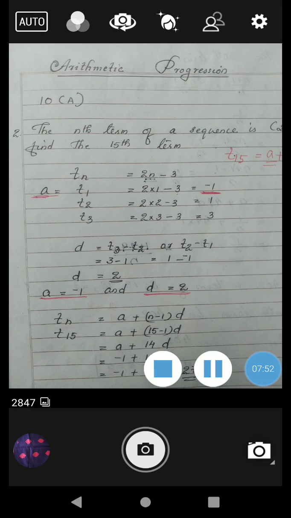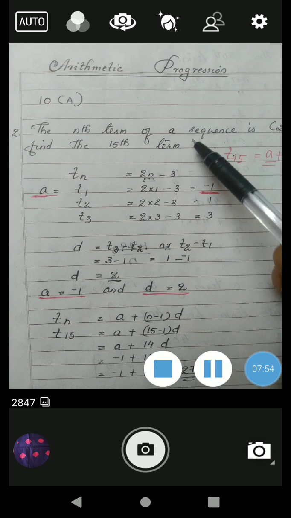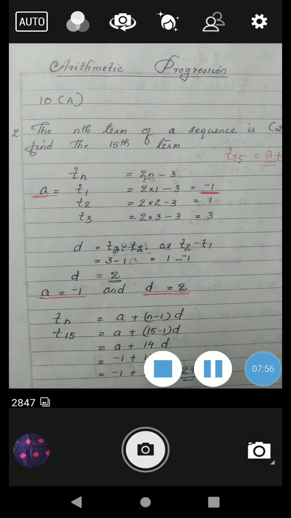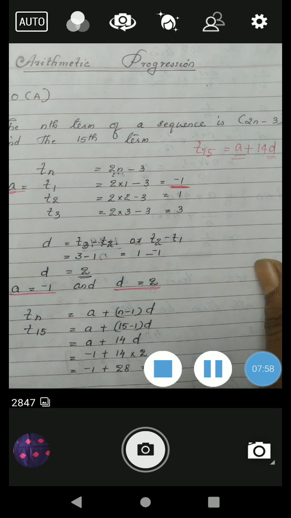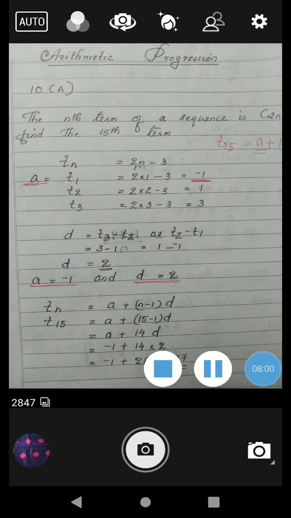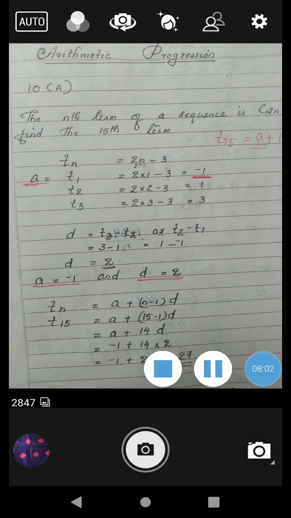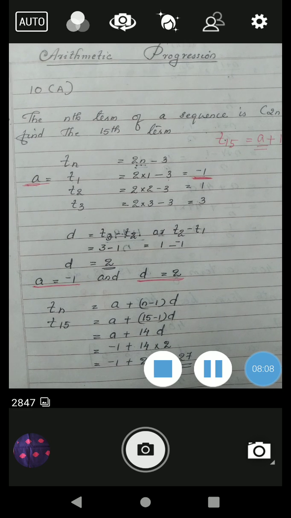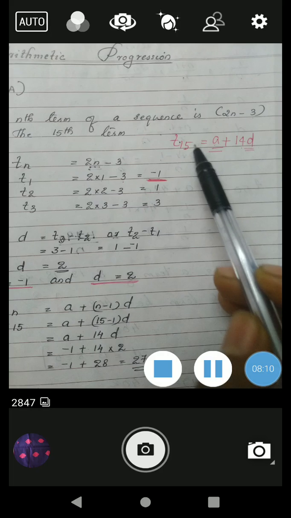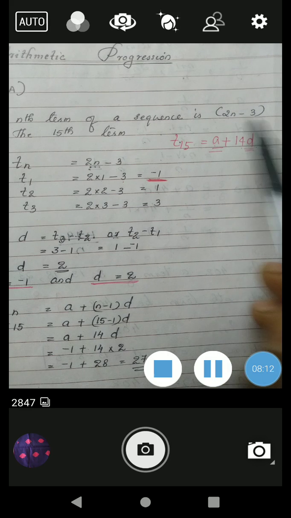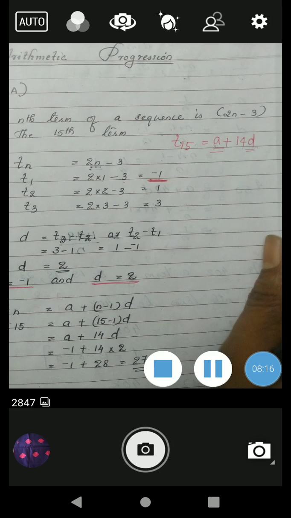And question number 2. The nth term of a sequence is 2n plus 3. Find the 15th term. Nth term is given. Okay. But you have to find the 15th term. We know the 15th term is A plus 14D. That we know. So we need A and D. But only Tn is given.